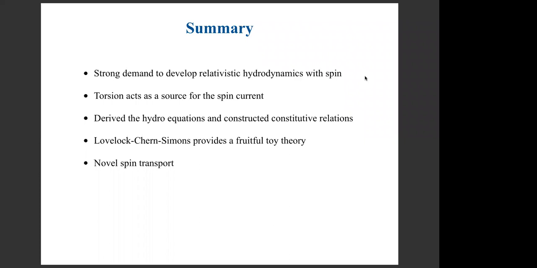So the question is, do you have some explanation or intuition about why the spin current that you obtain this way is the spin current that's observed in, say, RHIC or LHC?